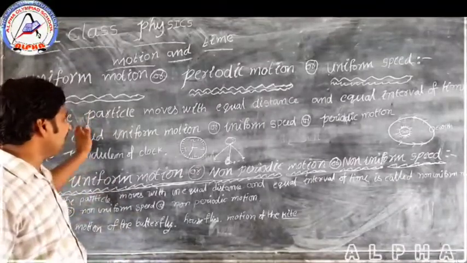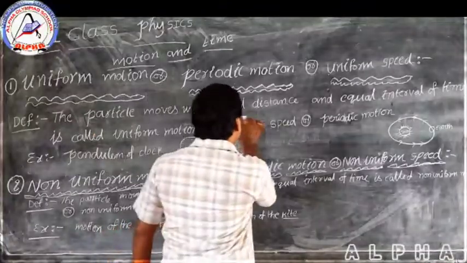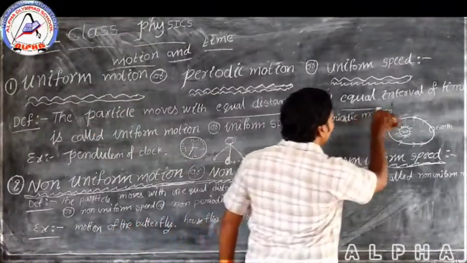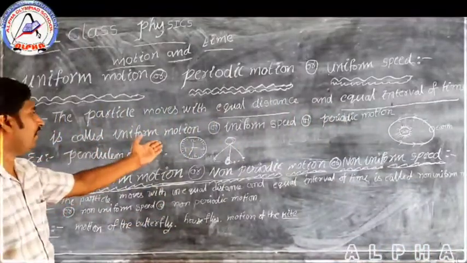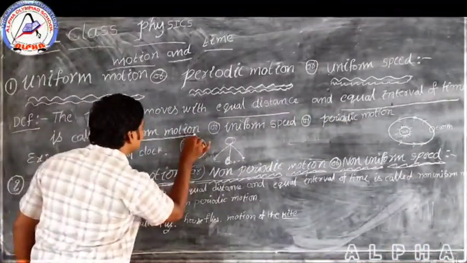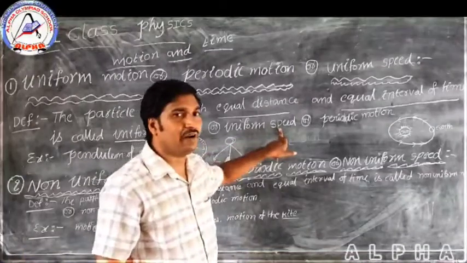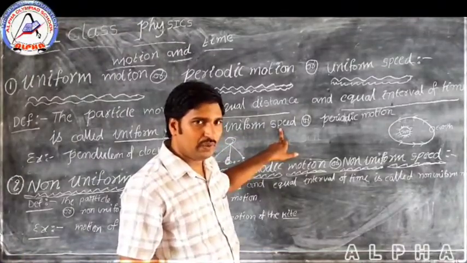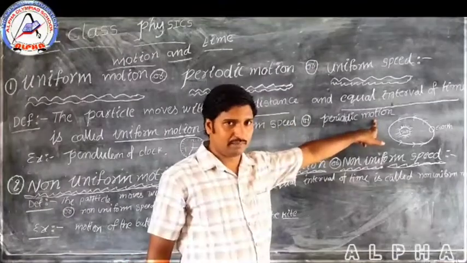The particles which move with equal distance and equal interval of time is called uniform motion, uniform speed, or periodic motion.